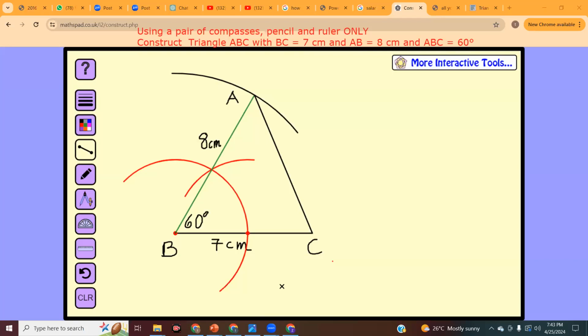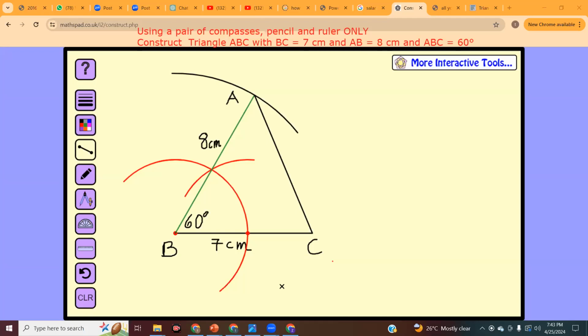Then we put our compass to 8, and we draw an arc at the top. Then we set our compass again, smaller than the other arc, and we make another arc. And then where the line and the arc intersect, we put our compass there and make another arc. Then we draw a line between those two arcs, and then we get 60 degrees.